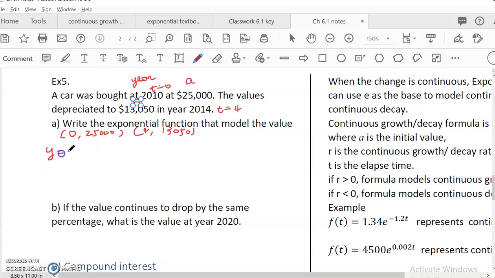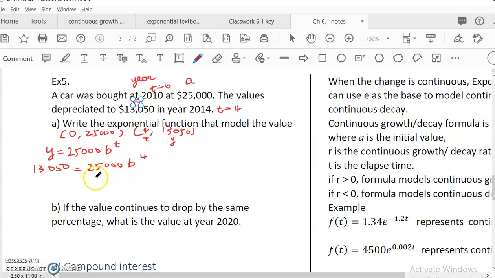So y equals 25,000 b to the t. x is 4, that is t, and 13,050 is y. You plug it in: 13,050 equals 25,000 times b, the unknown, to the 4th, since time is 4. So we will solve it.